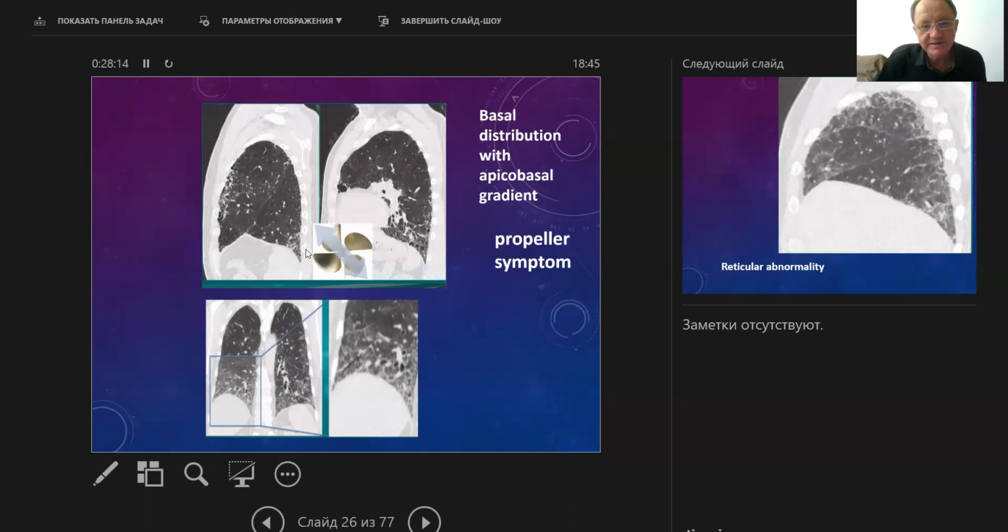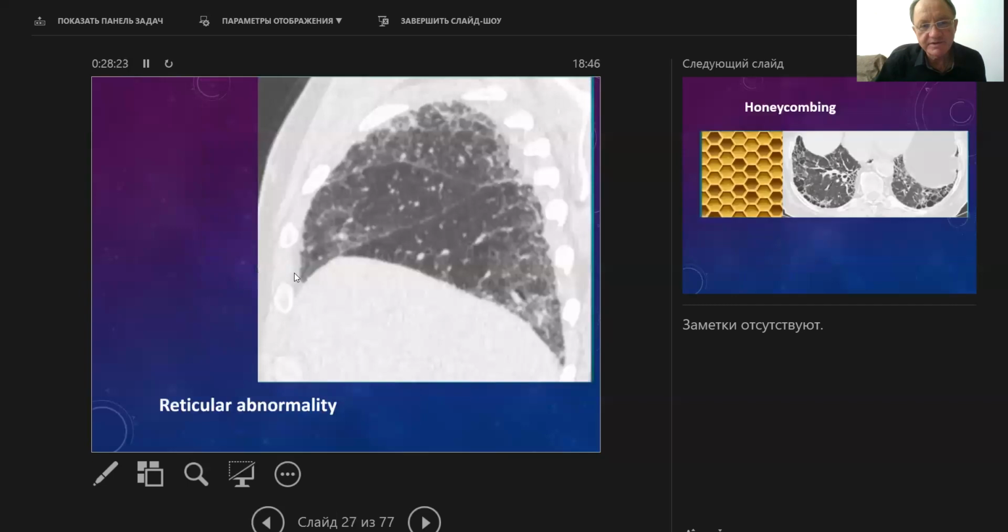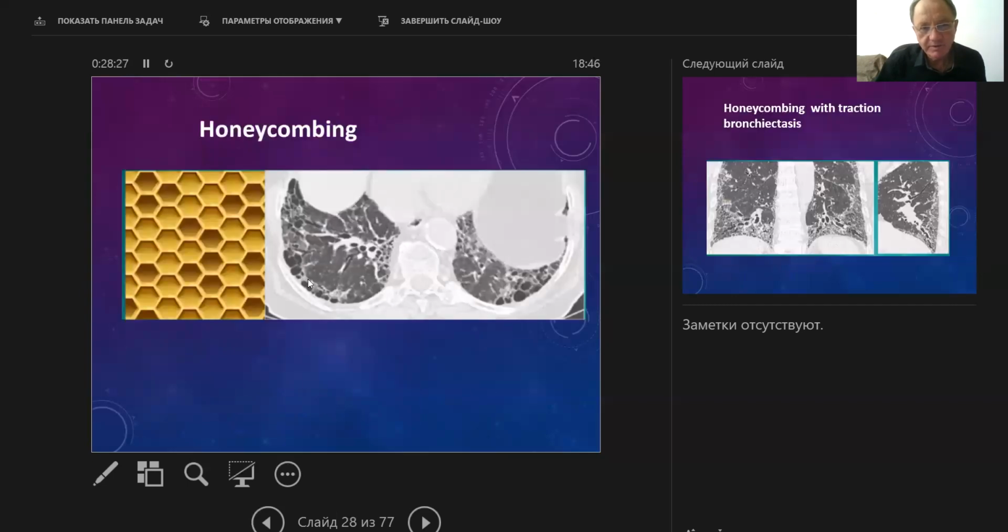It's a very interesting so-called propeller symptom. For example, we can hear crackles opposite this reticular change, this propeller. Reticular abnormalities, honeycombing, you can hear them, but this honeycombing also has a subpleural predominance.